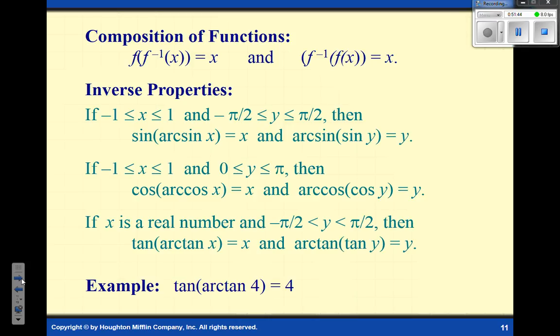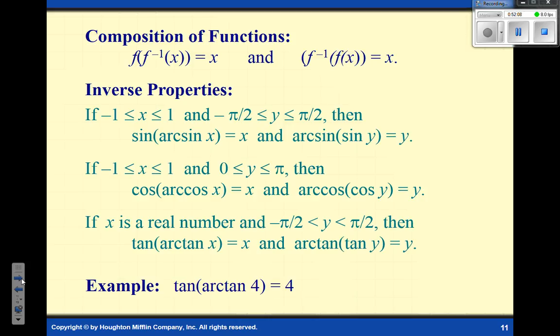All right. So remember what I said, work from the inside out? Okay. So what this is saying is, what angle on the unit circle has a tangent ratio of 4/1? Well, can you make that with your hand? No. So it's okay to put it in a calculator. Put it in radian mode.